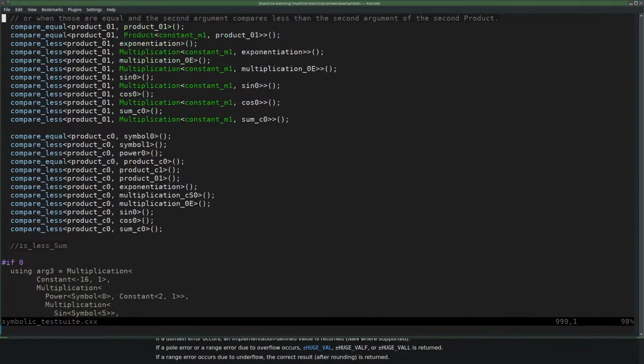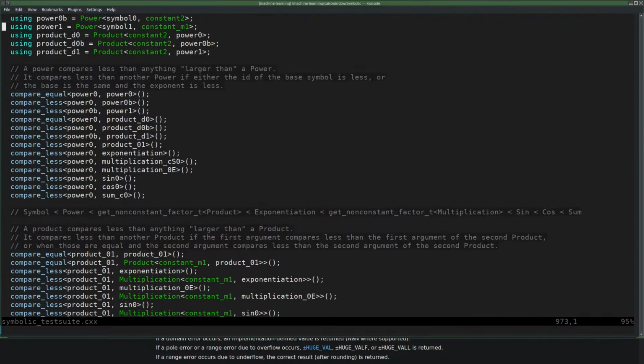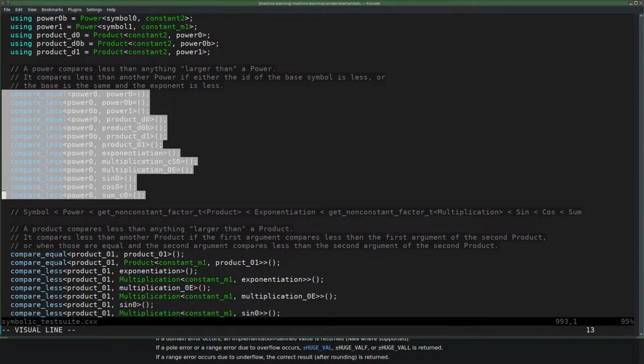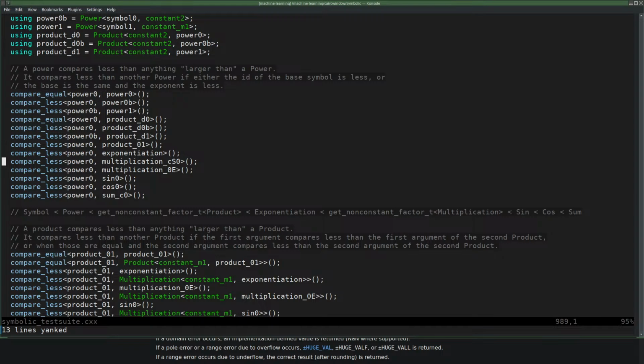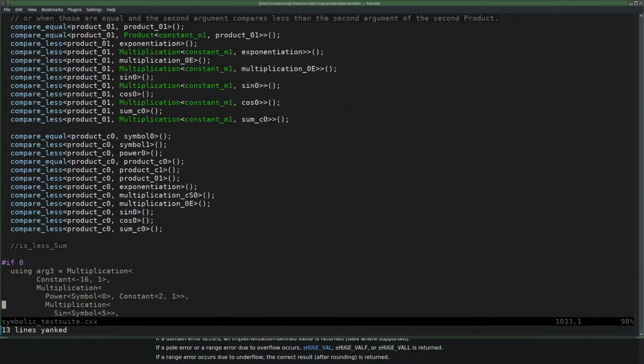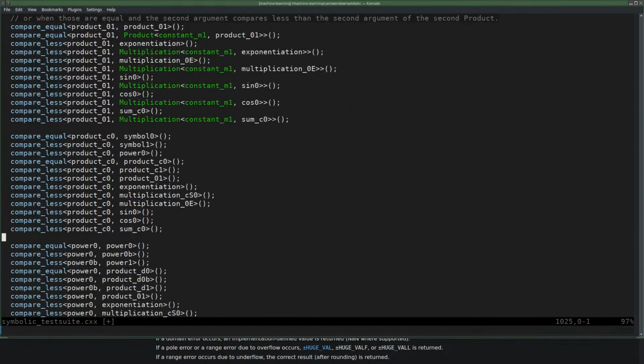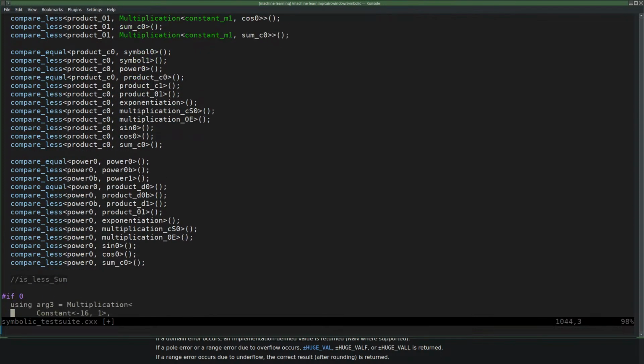And also the power, and that is a lot of power zeros, but also a few other powers. Do I have a product of a power zero or something?